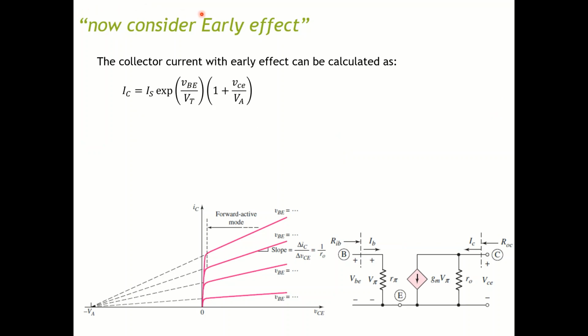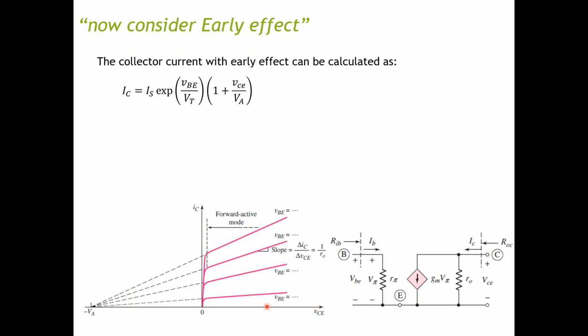So we have assumed that the collector current is independent of the collector emitter voltage, like in the previous example. However, there's an effect called the early effect. It is named after J.M. Early. It's not because it happened earlier, it's just named after a person whose last name is Early. So the early effect is when the collector current, which is this value here, varies with the collector emitter voltage.